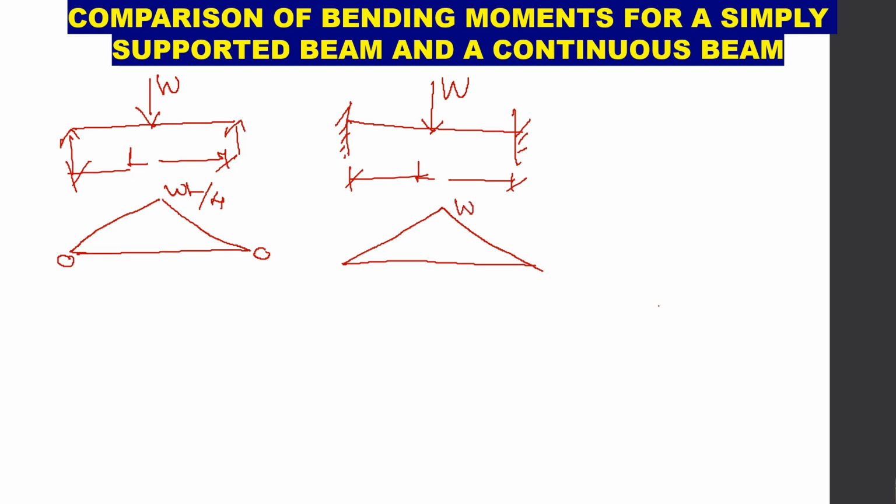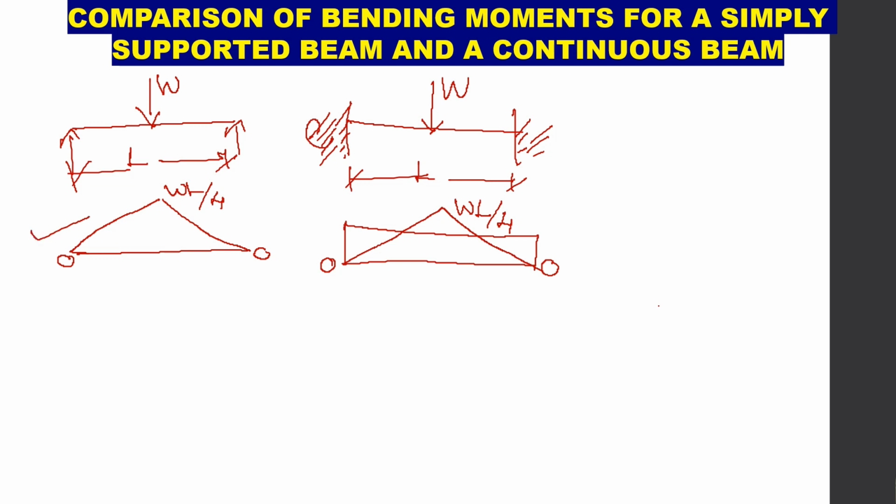So the magnitude is WL by 4 at the center of the beam, 0 at the supports due to the simple bending, and there will be a bending moment due to these fixed supports at the ends. So that bending moment will be drawn like this. So you can see this triangular portion.